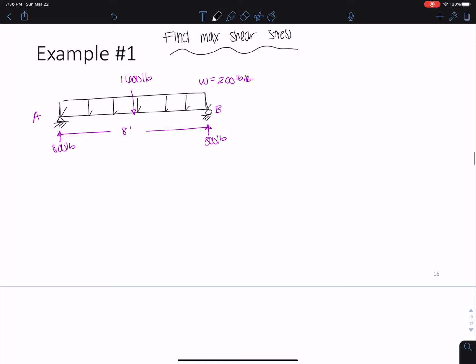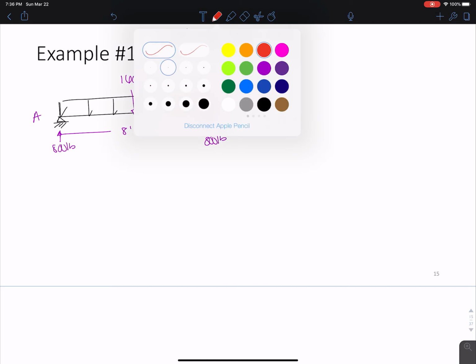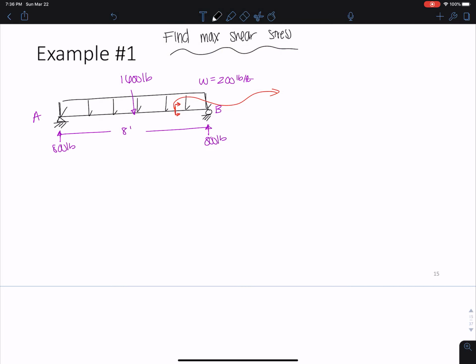Alrighty, so what we need to do here is make a cut somewhere. So let's make our little cut right here. And actually I'm going to show you what the cross section looks like here, because we would need the cross section of this element. This is an I-beam or a wide flange. This would all be given in the problem statement, actually. So the cross section has to be given here too.